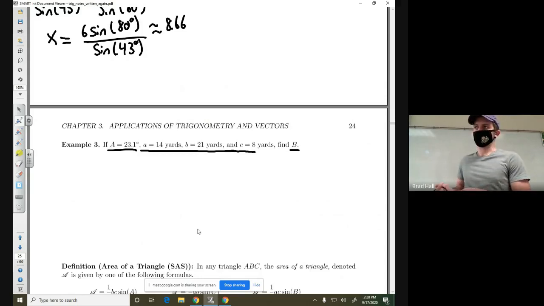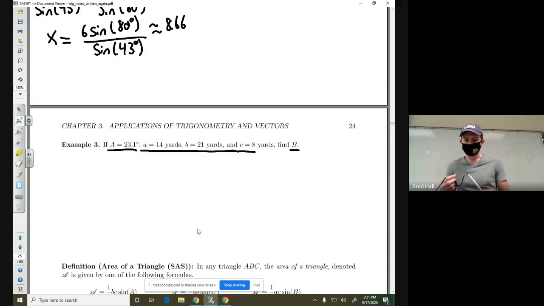So we're going to use the law of sines to find an angle, which might be one step further than what we had before. To use the law of sines, we need a completed ratio.